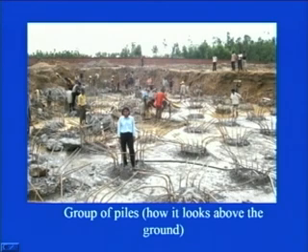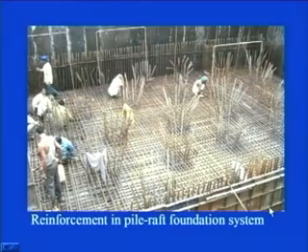You see here that all the piles have had the concrete chipped off from the top and cleaned. You have a large area, many piles, some are being cleaned and some are in the process of chipping off and then cleaning of the concrete.